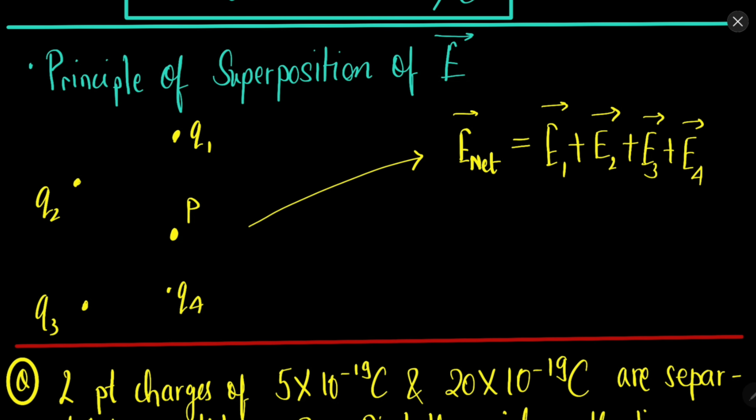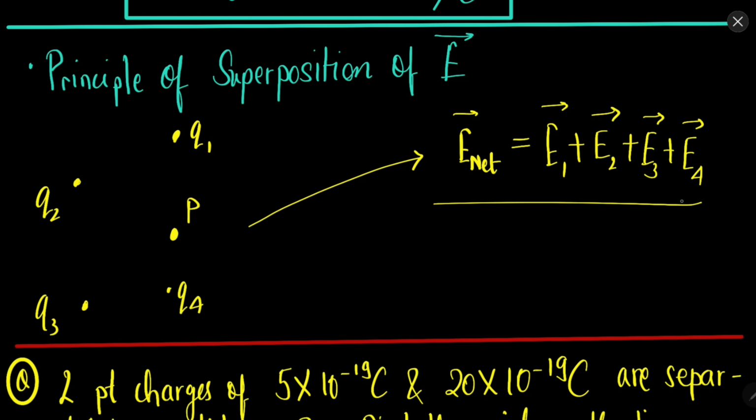Now just like superposition can be used to find the force between multiple charges, we can also find the net electric field due to multiple charges. Let's say we have this point P, and at this point P we want to find the electric field intensity due to Q1, Q2, Q3 and Q4.